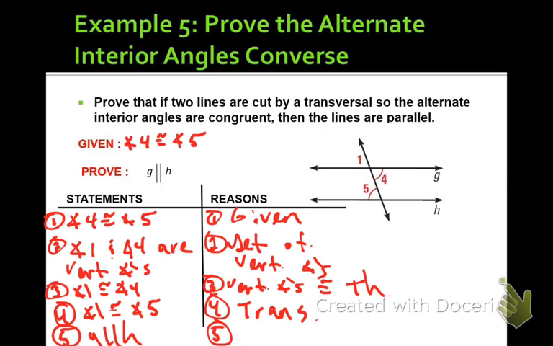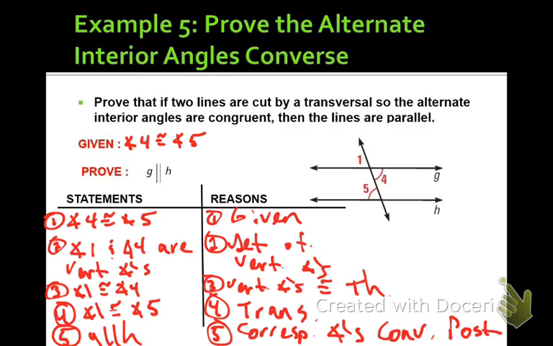G is parallel to H. And the reason is we're using the corresponding angles converse postulate, which you're not going to be able to see either. Okay? Is that last step there?